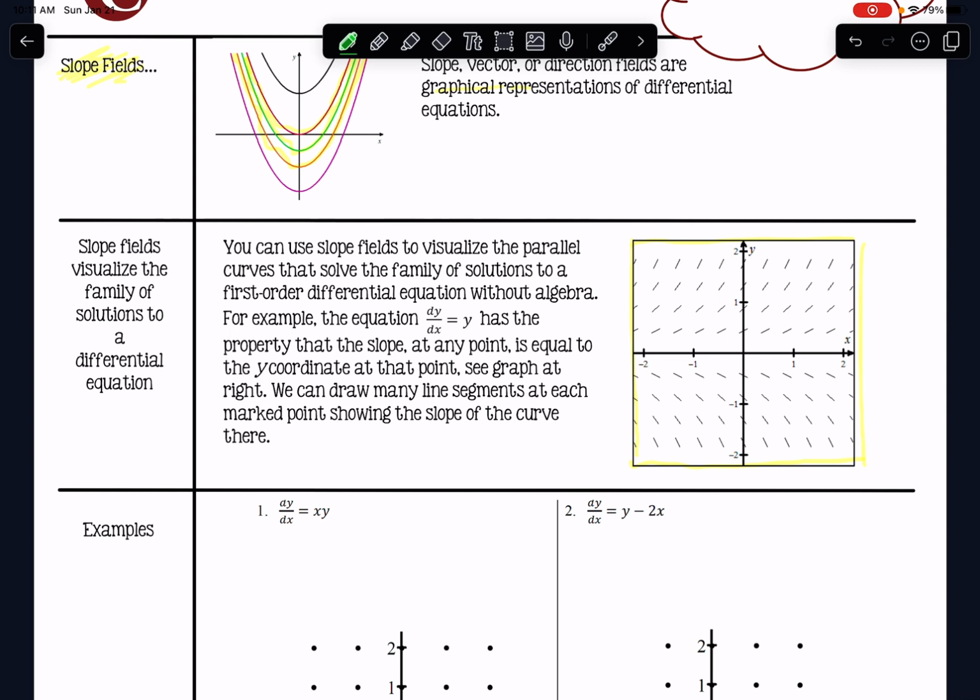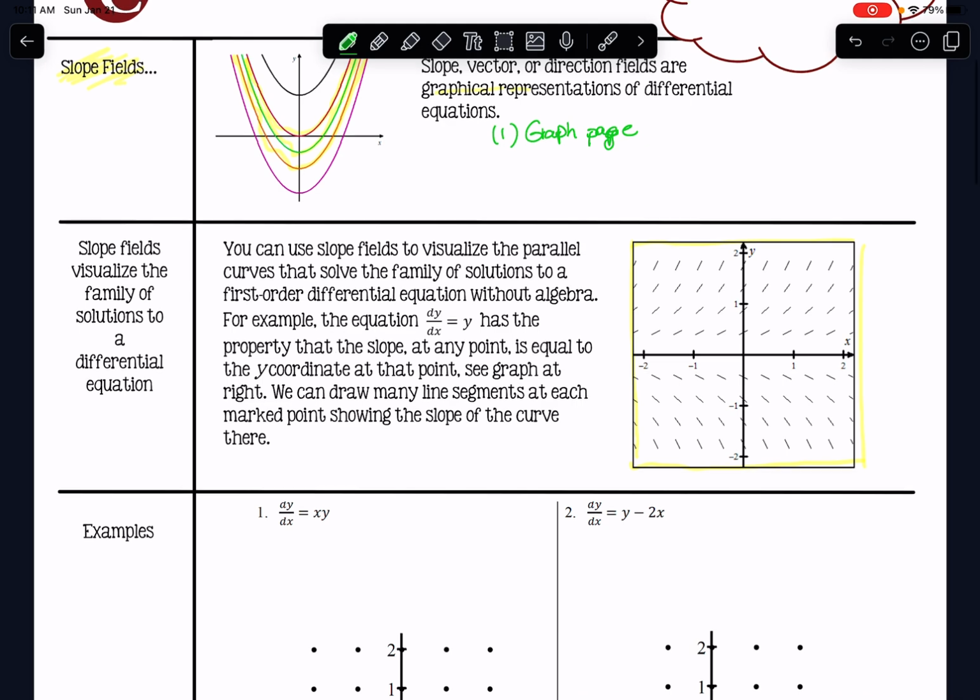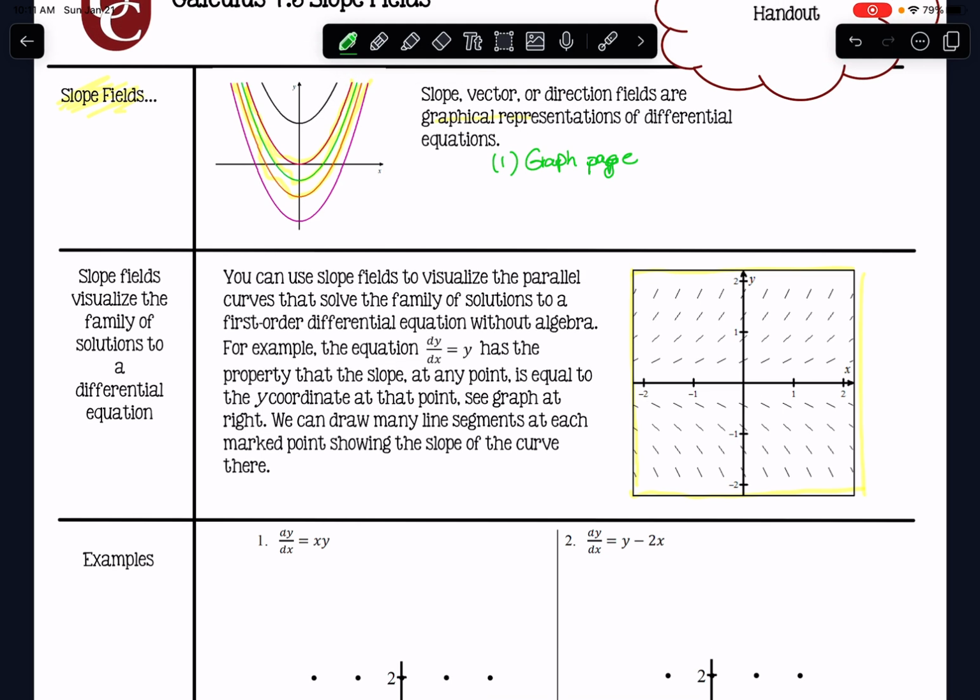The first thing you want to do is go to a graph page, okay? A graph page. And then you want to press menu. Then go to 3 for graph entry edit.